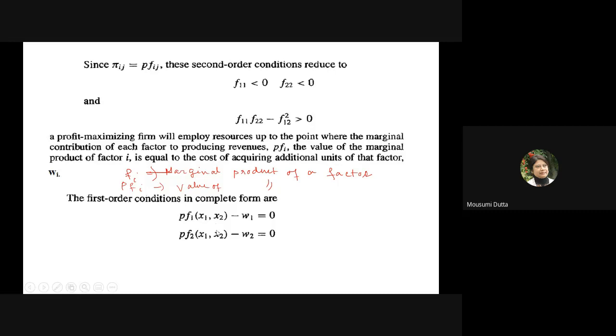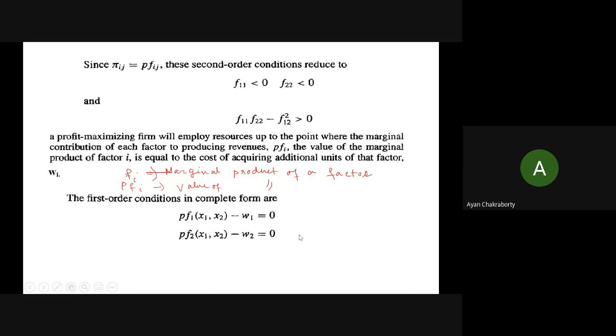F1 is a function of x1, x2, etc. Solving these two equations, we get x1 star and x2 star. Then again substituting those x1 star, x2 star in these equations, we get two particular equations at equilibrium. So these are not telling us the equations are at equilibrium, because from here we will derive the equilibrium values.